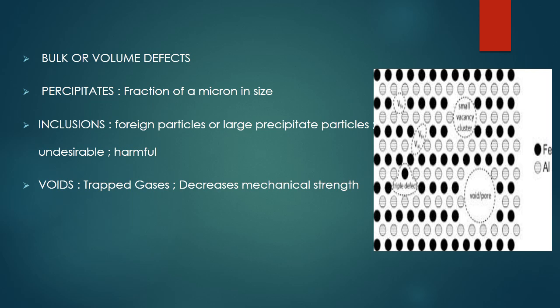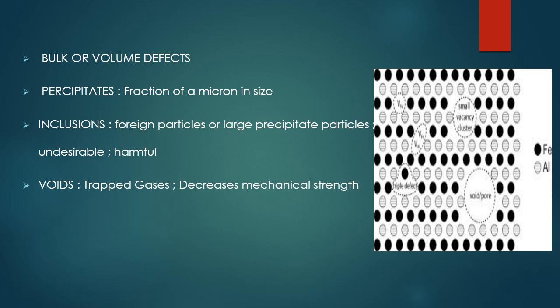The precipitates are a fraction of a micron in size, but interstitial atoms may get precipitated on the surface of the crystal, so it obviously affects the mechanical strength and purity of the crystal. Though it is micron in size, it also affects the complete structure of the crystal.